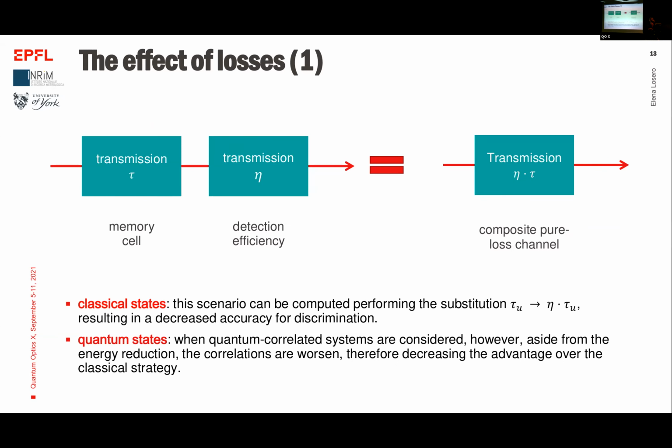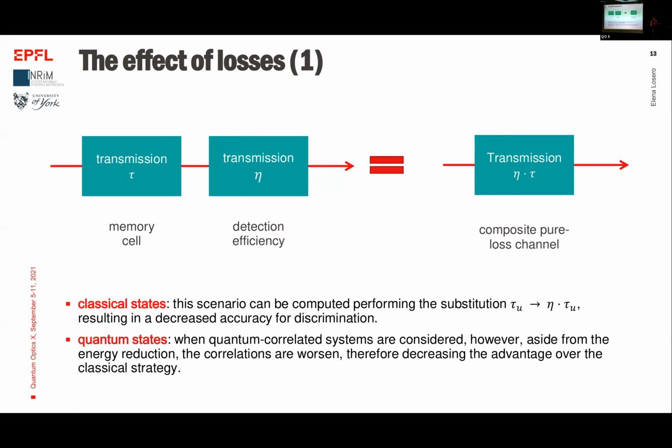There is the quantum efficiency of the detector. So we can put together all these losses into a coefficient that we call detection efficiency. And we will have a composite pure loss channel whose transmittance is simply the product of the memory cell loss transmission and the detection efficiency.